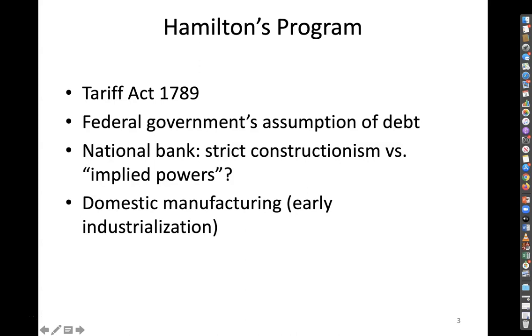All right, and the last measure here is really his report on his ideas about early industrialization, and it's called the Report on Manufacturing. Again, he is impressed by the Industrial Revolution that's unfolding during that time in England, and he wants to emulate England.